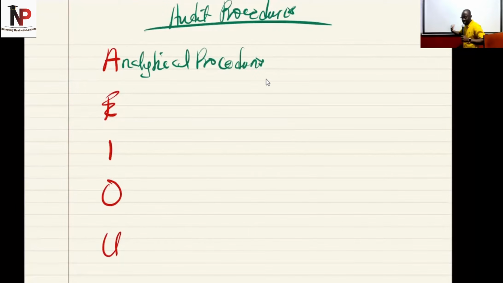Now, what is analytical procedures? In a simple language, analytical procedures refers to the comparison of information. Okay?